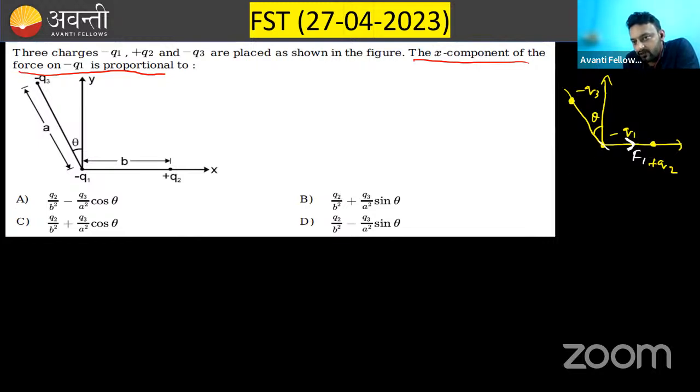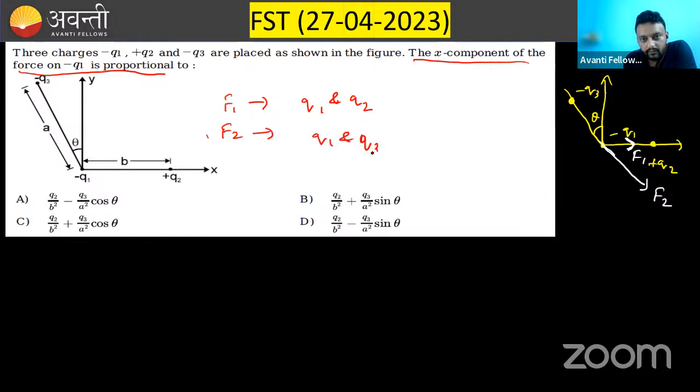So Q3 will repel it. So force will be something like that. This is F2. F1 is the force between Q1 and Q2. F2 is the force between Q1 and Q3.